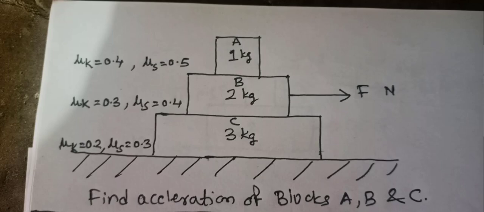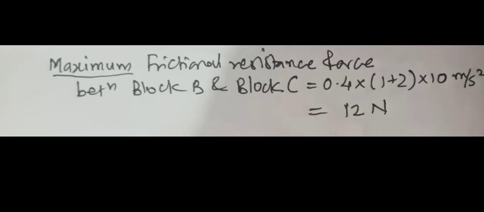To calculate the maximum frictional resistance force, we need to multiply that normal force with the static coefficient of friction, which is 0.4. So the calculation goes like this: the normal force is (1 plus 2), 3 into 10, 30 Newton, and when you multiply it by 0.4, the static friction coefficient, the maximum frictional resistance force between block B and block C is 12 Newton.